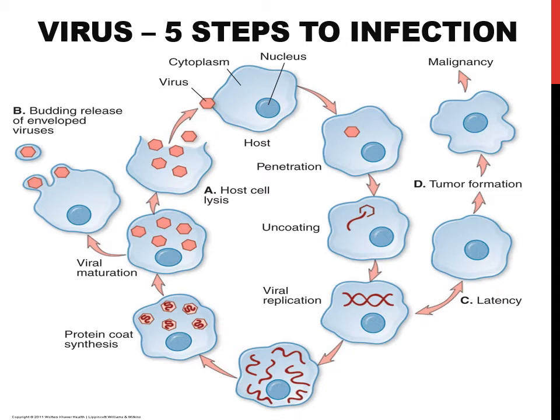And in this example, we used cervical cancer and the HPV virus. Okay. Another example would be the hepatitis B or hepatitis C virus that can remain in a chronic state or a latent state in the liver. And years later, you can develop liver cancer from the hepatitis virus.